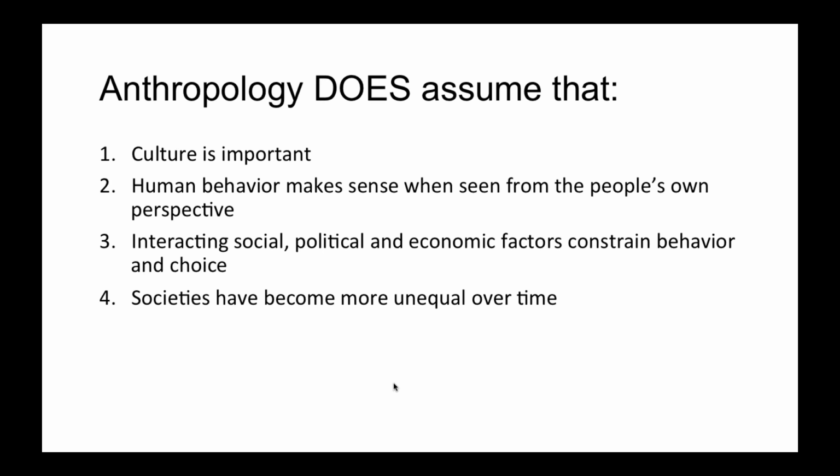Anthropology does assume some of these things, and the assumption is that culture is important. In other words, if we want to understand what humans are, humans are the product of a dual system of inheritance, that we inherit genes from our ancestors, just like all other animals, but we also inherit these learned patterns of thought and behavior characteristic of our group.